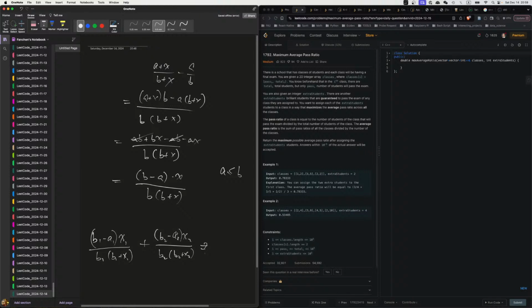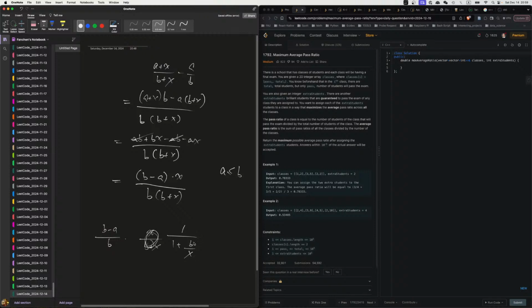Well, apparently, maybe we can analyze this a little bit more, because we want to get the most bang for the buck, right? So this is b minus a divided by b times x, b plus x, right? And I will say this is 1 plus b divided by x.